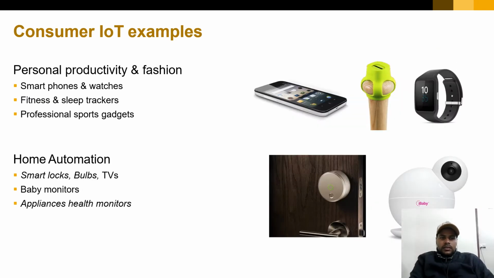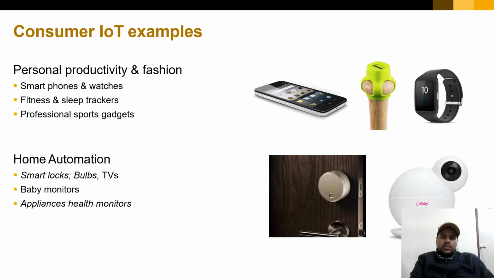Next we will study consumer IoT examples. Like in industries, various IoT devices are used by consumers also, and there are various types of IoT devices which are very common nowadays. First one is personal productivity and fashion.